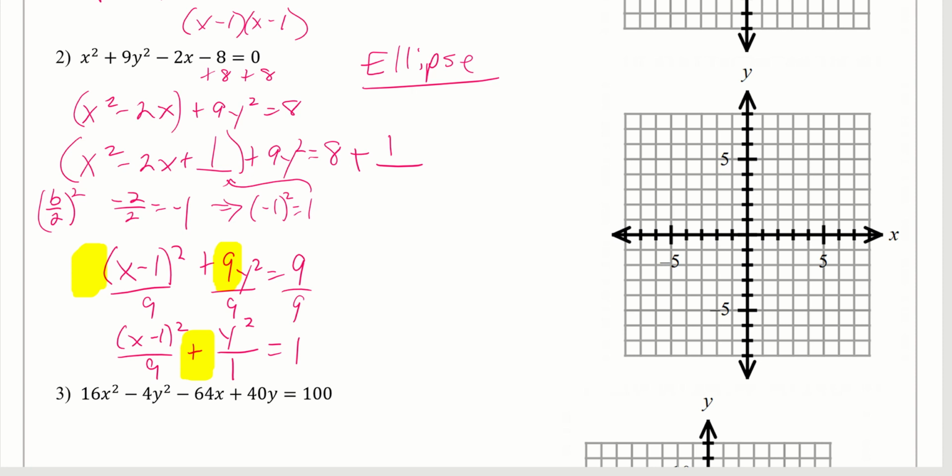Okay, so as we do this, our center on this guy is going to be at 1, 0. The 1 came from this right here, and the 0 came since I don't have a k value. So 1, 0 is my center of this ellipse.